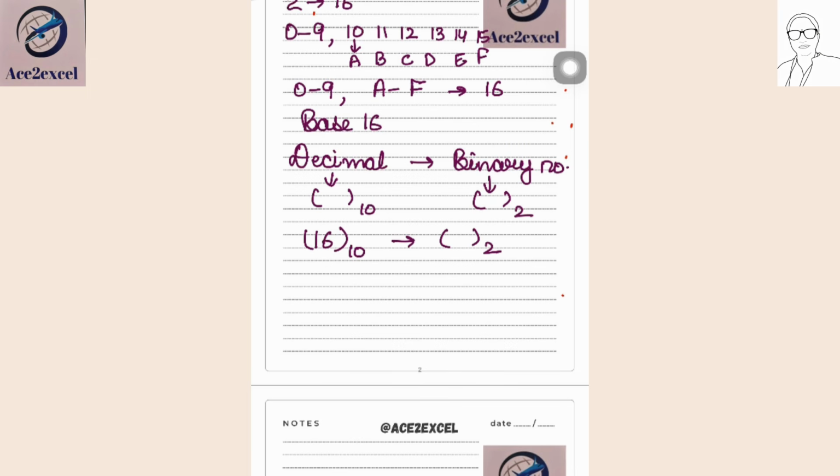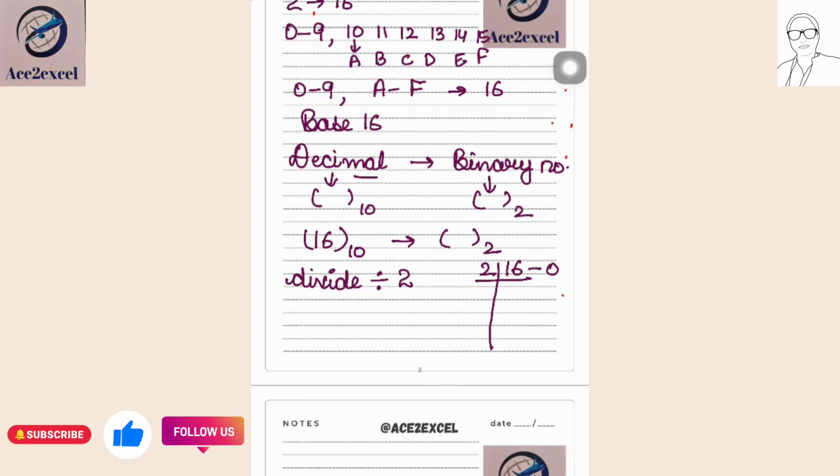Whenever you are converting decimal to any number system, you will always divide, and in this case we will divide by 2. While dividing by 2, the remainder is kept on this side and the quotient is written under the number.